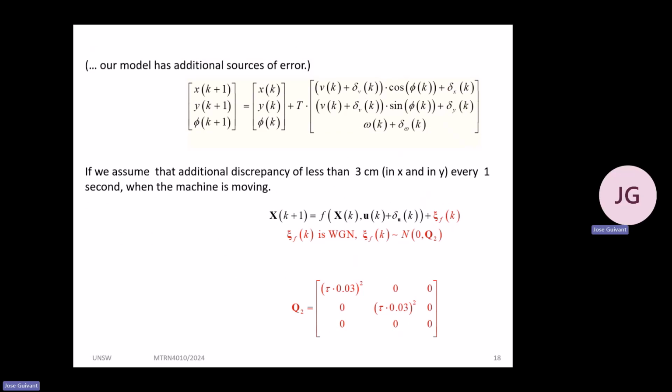So if they told me, oh, usually when we apply this system, I got this indication that after moving, suppose, 1 meter, it introduces about 3 centimeters of error in position X, in position Y. Okay, and then I could ask what is going to happen on average in just one sample time?